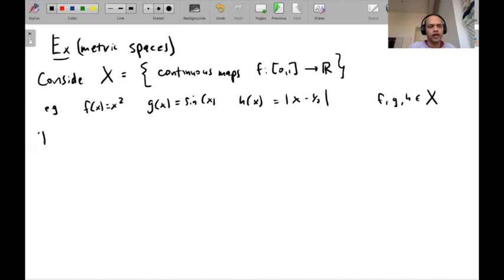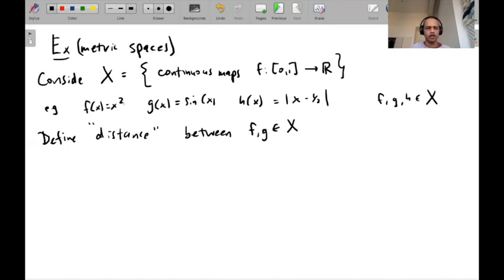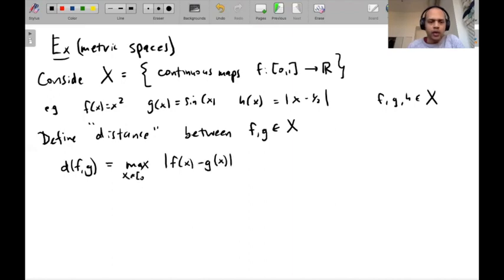And we're going to define a distance between two functions, any f and g in X. Here f and g are not referring to these specific elements. So the distance d(f,g) is defined as the maximum of the absolute value of f of x minus g of x for x in 0, 1.